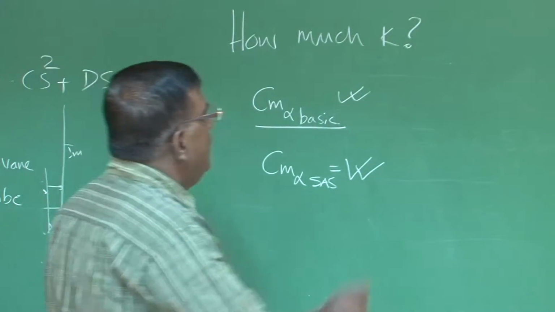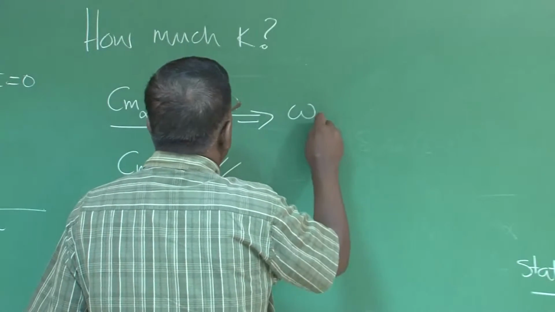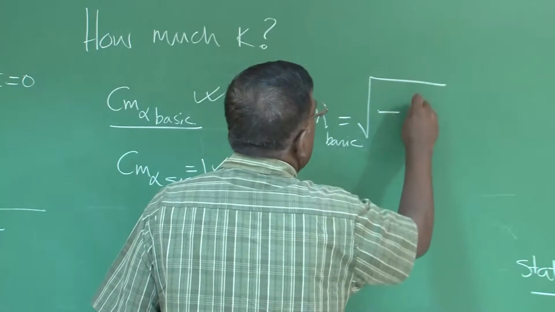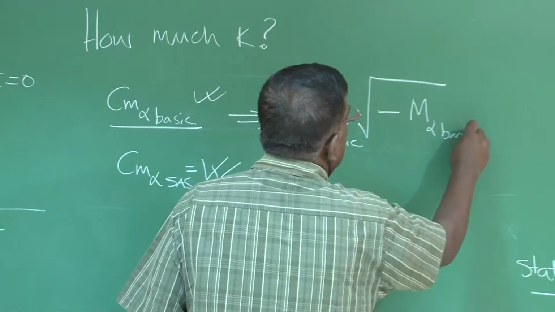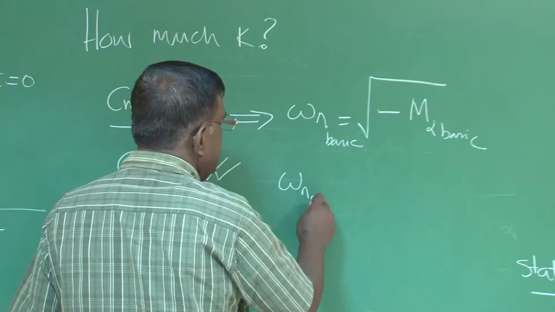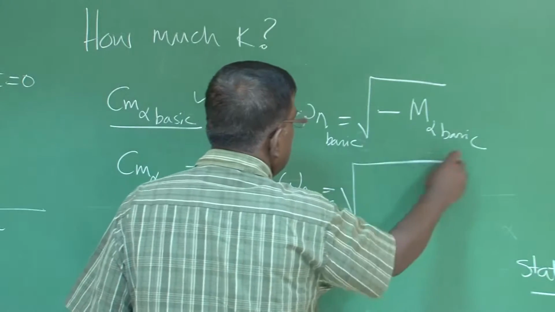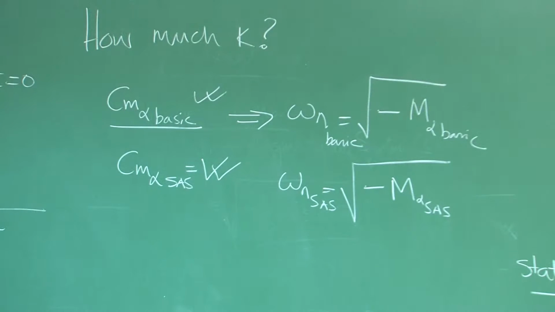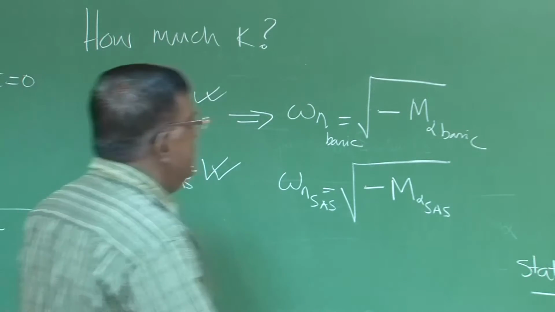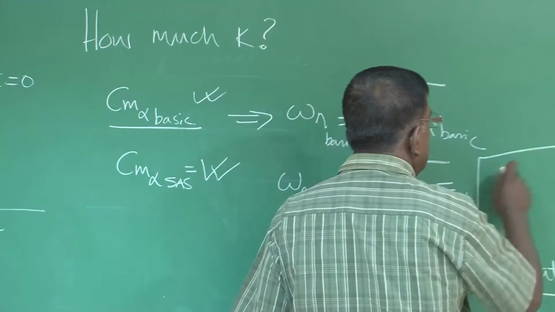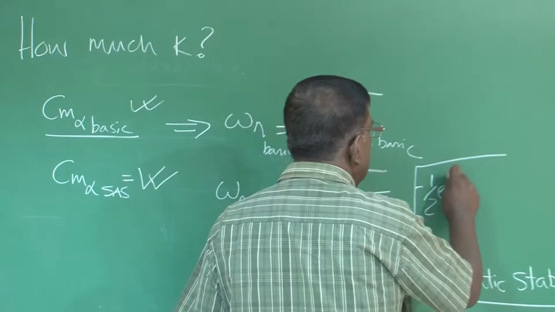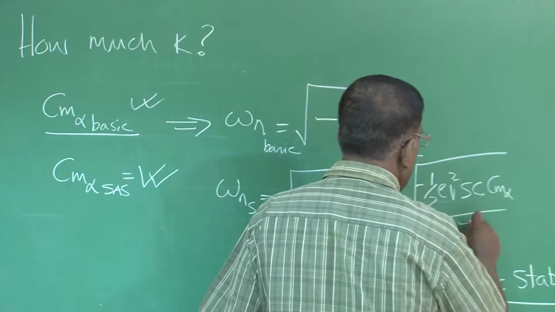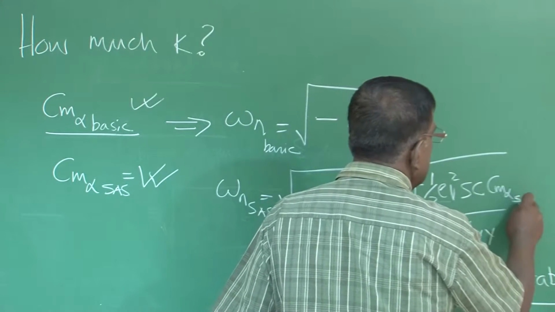This corresponds to some omega n basic, which is nothing but under root minus m alpha basic. Now, I want omega n SAS, that will be under root minus m alpha SAS, right? And this I know is equal to under root of minus half rho v square S c Cm alpha by Iyy, and this is Cm alpha SAS.